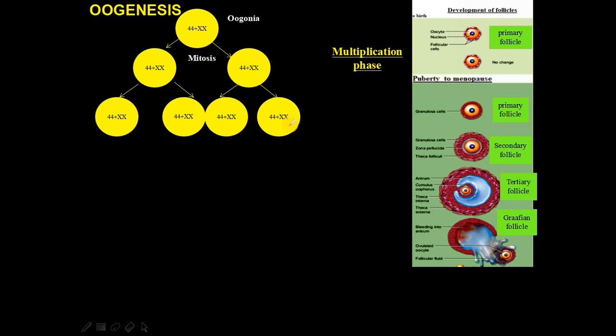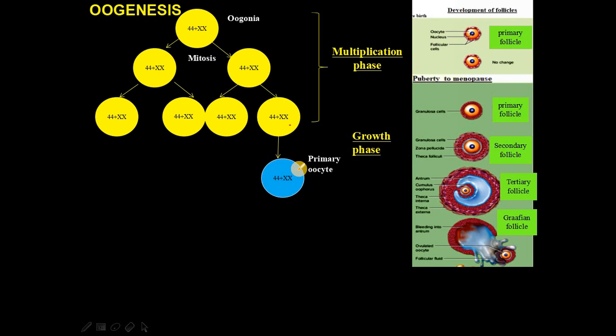Now, some of the oogonias, not all the oogonias, will develop into primary oocyte. Here there are four oogonias, we have just taken one of it. So out of the many oogonias, few develop into primary oocyte.